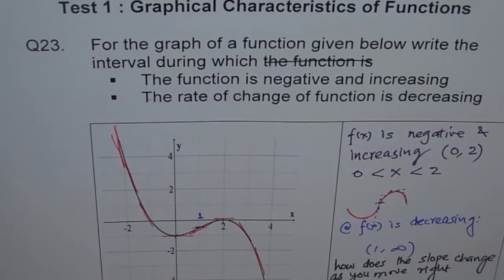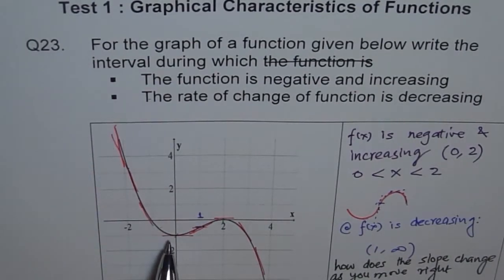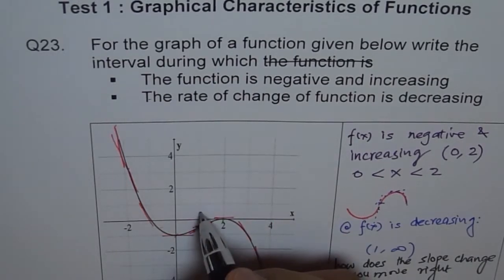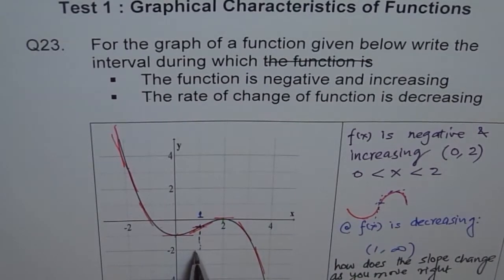And we saw the slope in this portion is very negative, becomes positive, 0 and positive till this place. So up to this point, the rate of change is increasing. Do you understand? The slope is increasing.